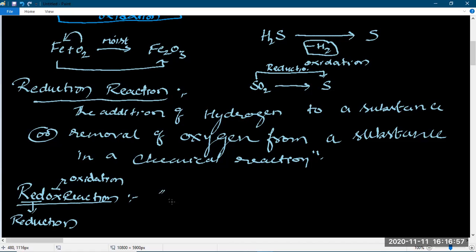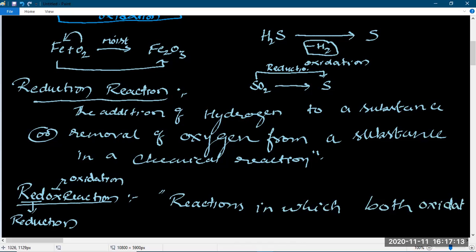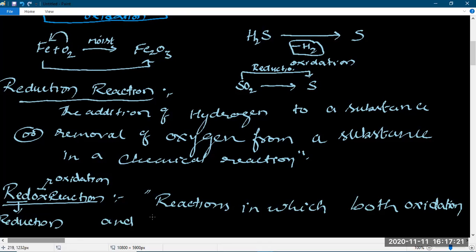Redox reactions are chemical reactions in which both oxidation and reduction take place simultaneously.